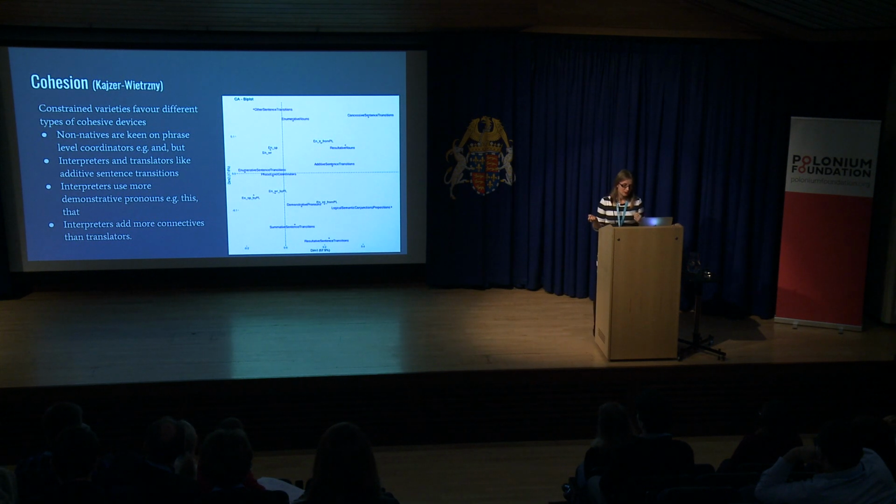And interpreters also use more pronouns like this and that. And interpreters, what's interesting, add more connectives to the target text than the translators do. So when you compare the source text, the original text, and the translations and the interpretations of the same text, it turns out that there are many more connectives in what has been interpreted, and those connectives were not originally there in the source text.